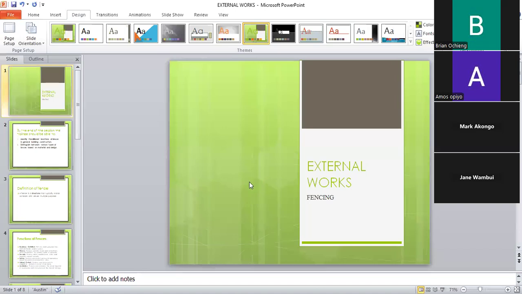Zoom. Okay, can you now see my screen? Yes, the screen is visible. Okay, thank you for the response.